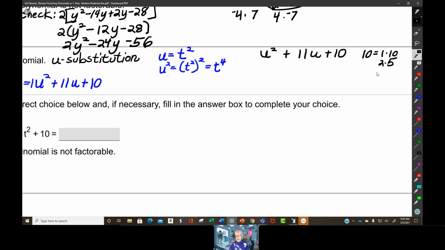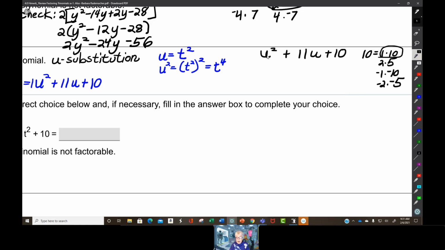Of course, there are also the negatives, -1 times -10, and -2 times -5, but remember, you're not adding up to -11, you're adding up to +11. So 1 plus 10 is 11.